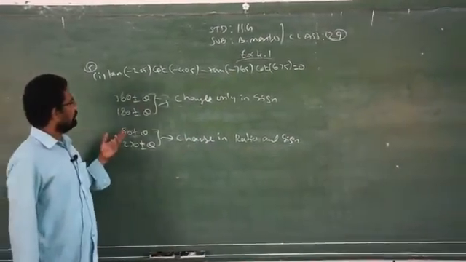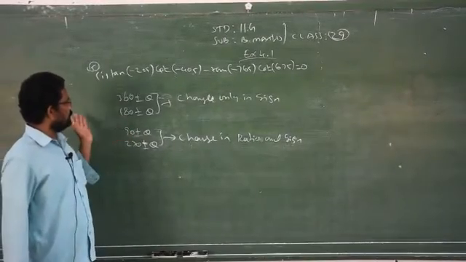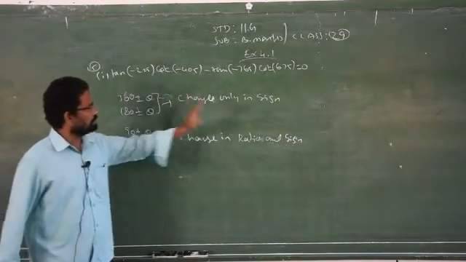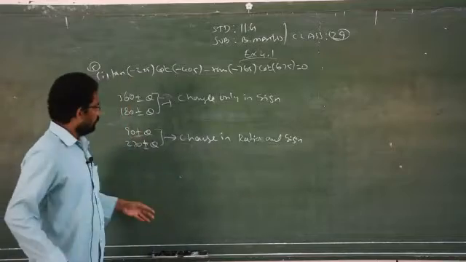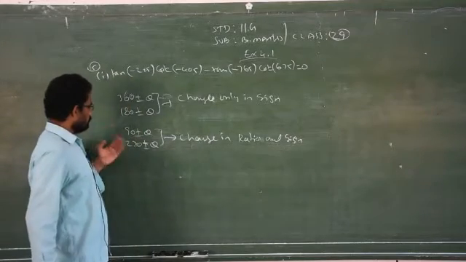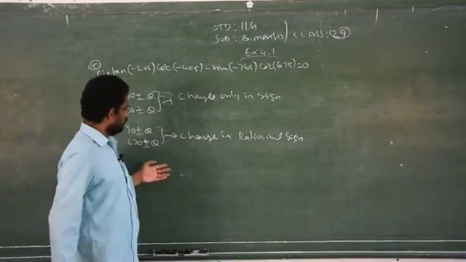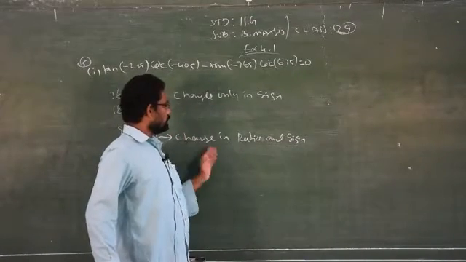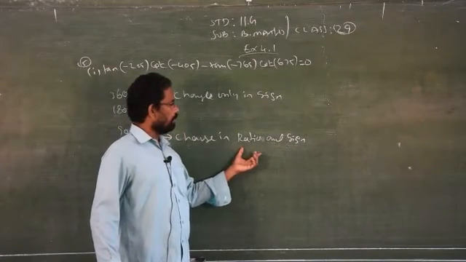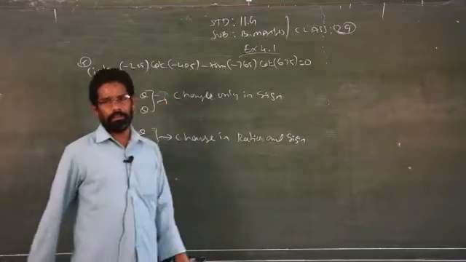When you express any angle in terms of 360 plus or minus, 180 plus or minus, there is a change only in the sign, no change in the ratio. Whereas in the case of 90 plus or minus or 270 plus or minus theta, there will be a change in the ratio as well as the sign.